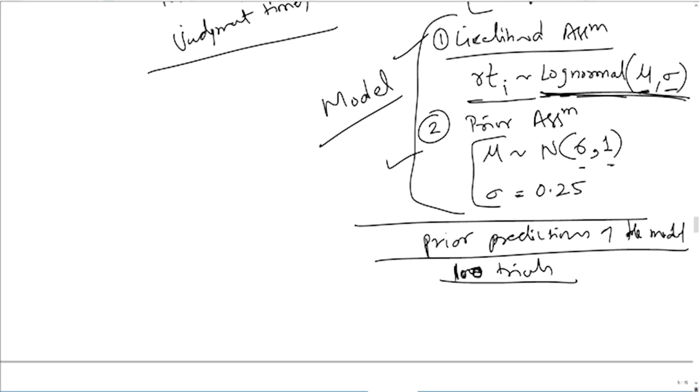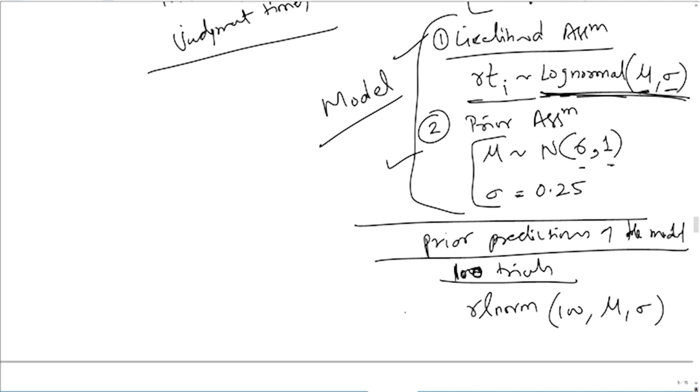You can. You know how to generate from a log normal distribution using rlnorm. If it were a normal distribution, you would use rnorm. Basically, we need to randomly draw values from a log normal distribution with parameters mu and sigma. And how many values do we need to generate? 100, because that's the sample size, the number of trials.